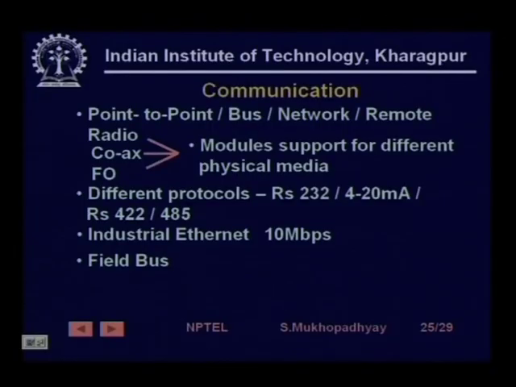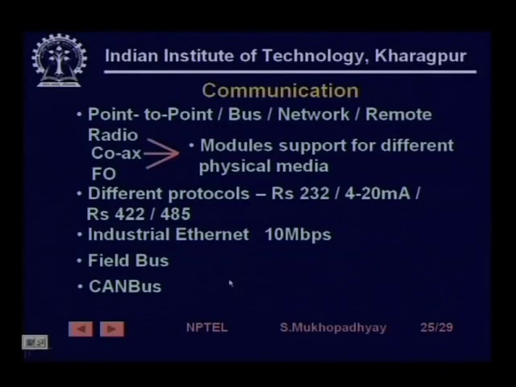You have a field bus, that's a new standard for networking in the industrial environment, which we shall be studying in much more detail. There are other less popular ones. For example, the CAN bus is much more popular in another application environment, that is automobiles. Field bus is gaining popularity in the industrial environment, and some buses could be proprietary. For example, Siemens has a proprietary protocol bus.